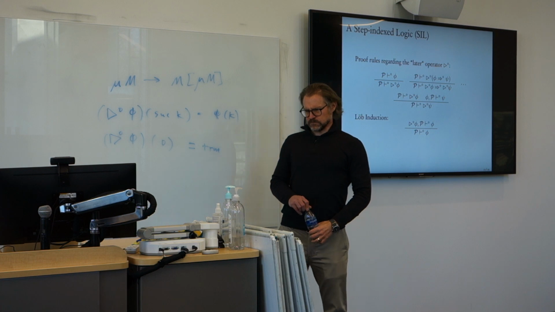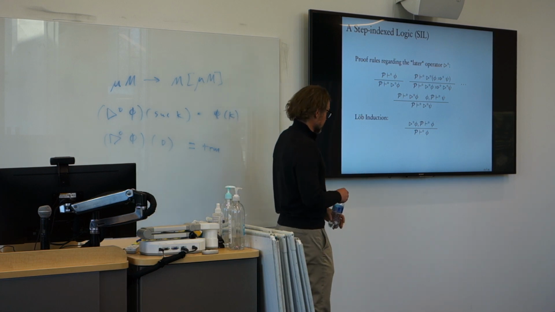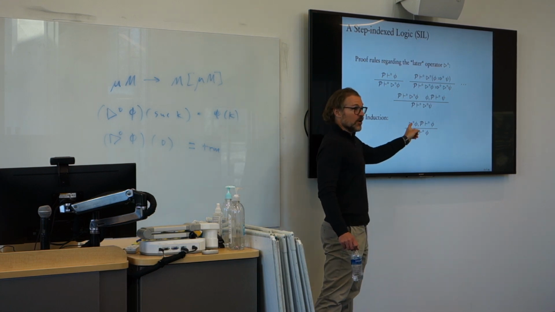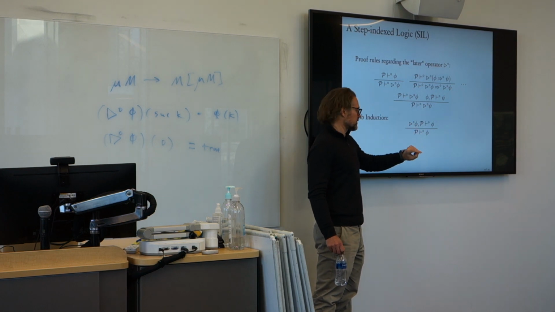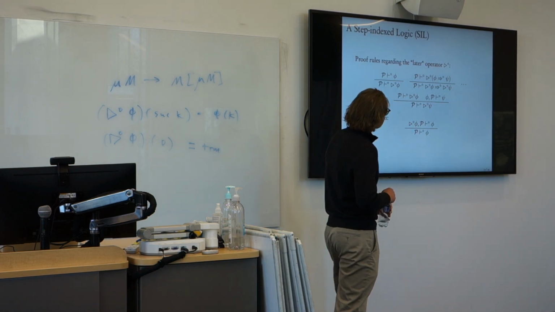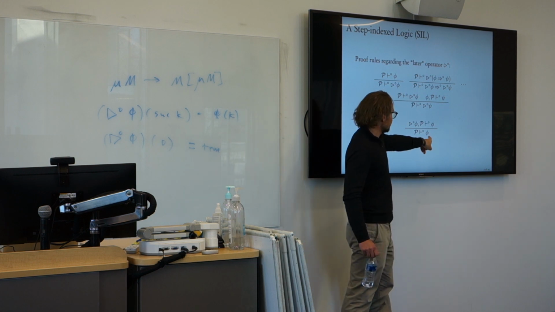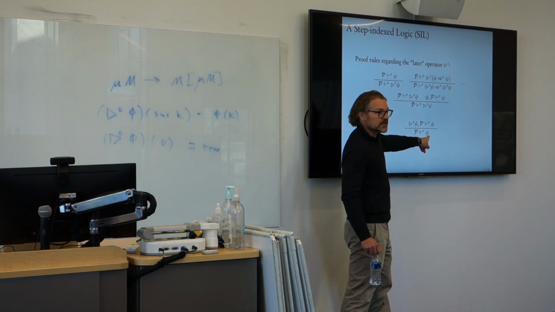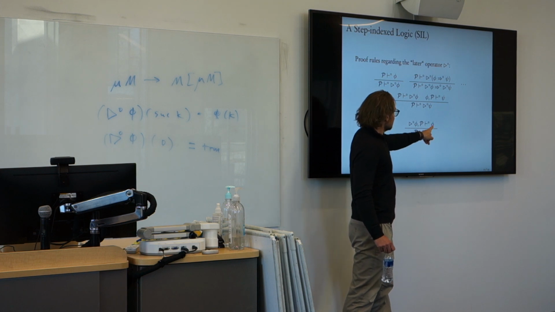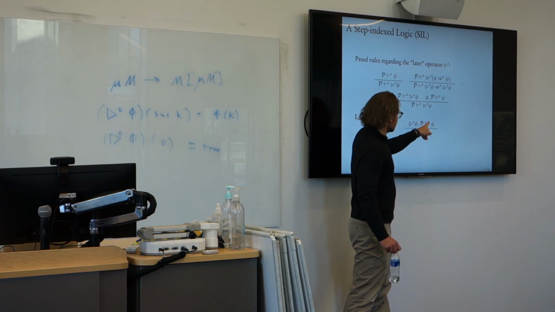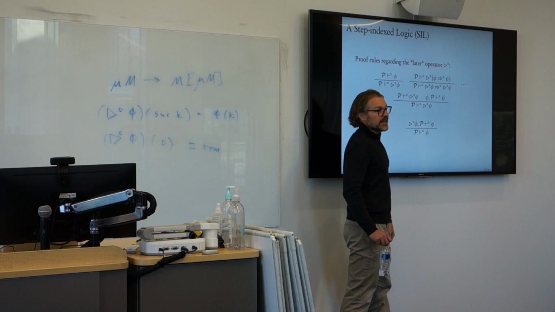Later. Okay, then here's something that's kind of interesting and important. This is Löb induction. We're going to use this a bunch of times. Löb induction says that, okay, let's say you're trying to prove phi. Then, on your way to doing that, you can assume later phi.